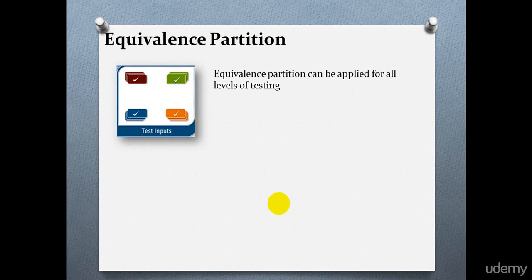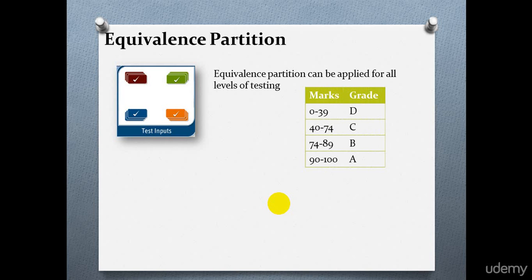An invalid partition, on the other hand, includes values that are not specified to be tested but can be entered into the application. Ideally, when we are using these invalid partitions, we should get an error message. If we are not getting it, we will raise that as a defect.